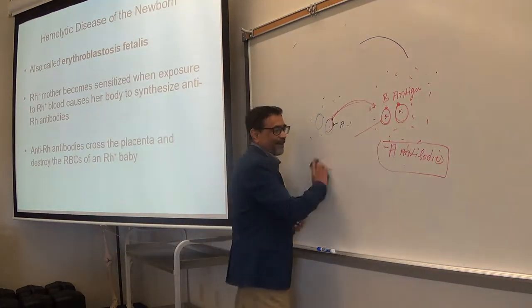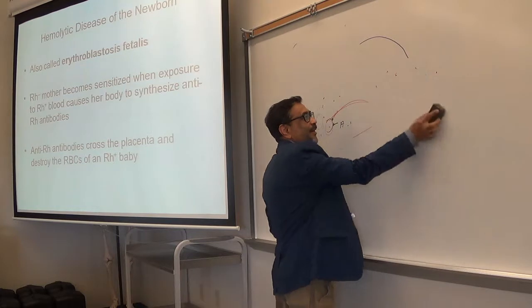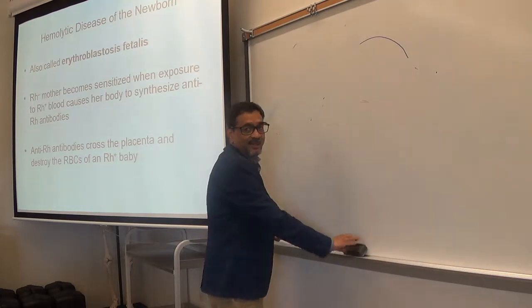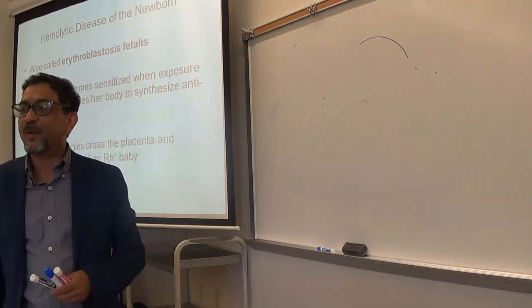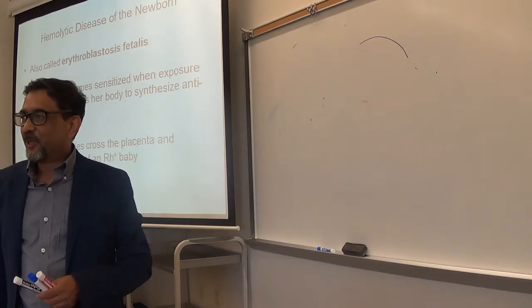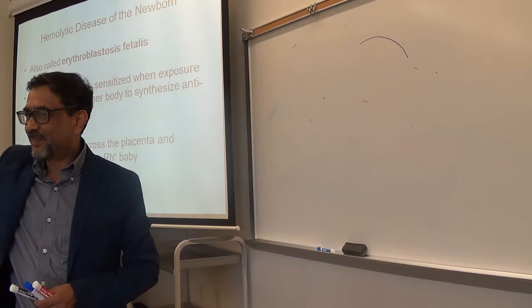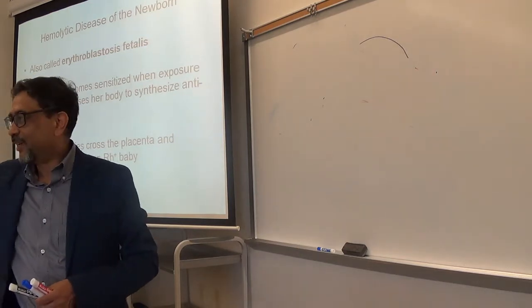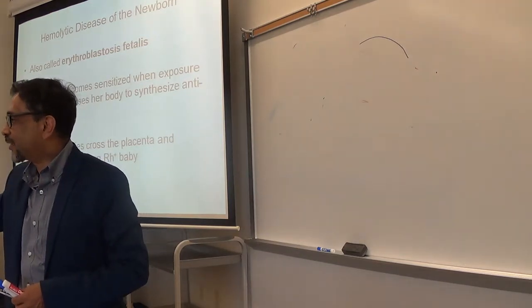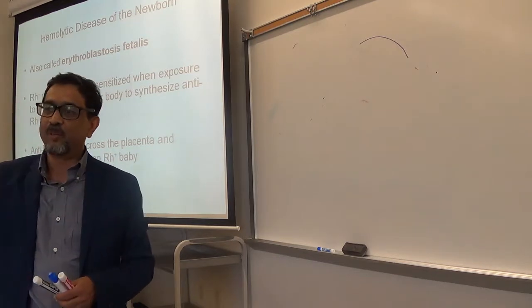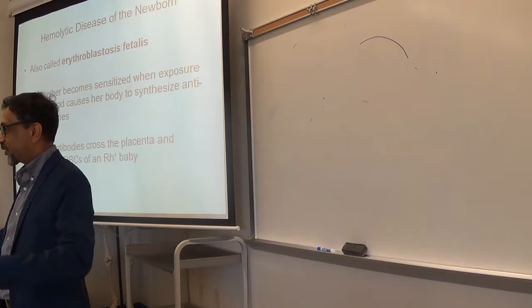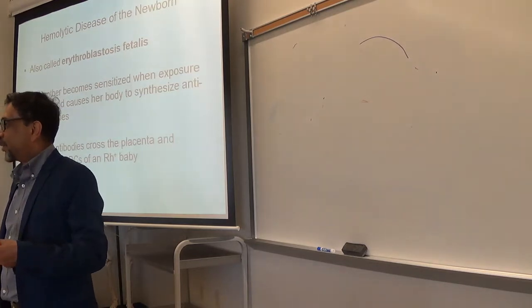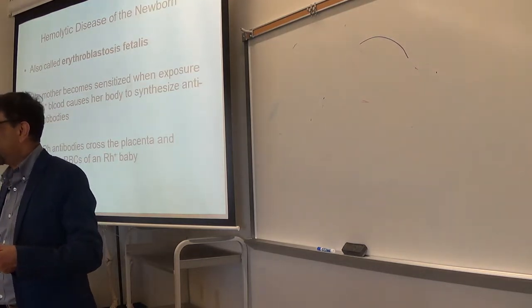Which is good or bad? Immature red blood cells have nucleus but no hemoglobin. You remember? Hemoglobin appears during maturation. So if you have immature red blood cells in your circulation, they don't have hemoglobin, are they useful?